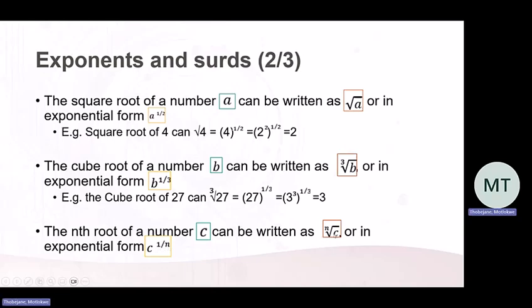What we are saying is, if n is 5, if 5 is the root of the number 9, as an example, it means here will be 5, here will be 9. How we are going to express it in exponential form is 9 to the power of 1 over 5.